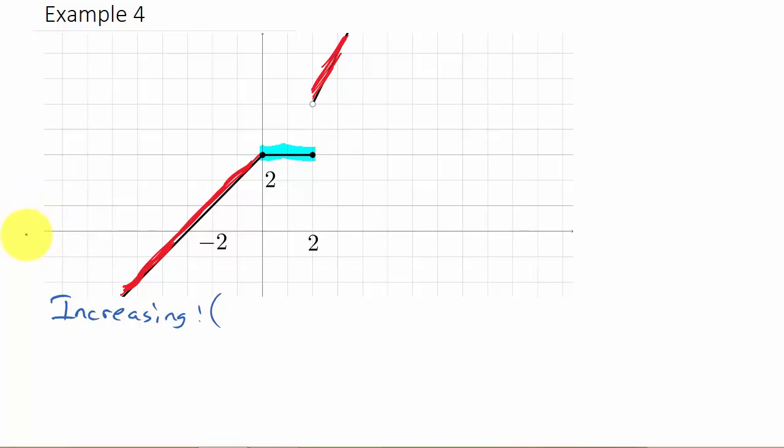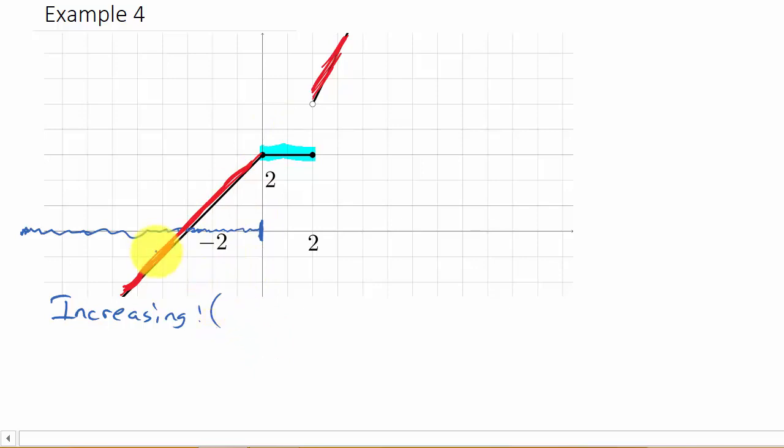So it's starting out here, and this graph's increasing, increasing. It's still increasing as I'm going along the x-axis, increasing, and then right here it stops increasing. It stops increasing at this x value here. Well, this is an x value of 0. I'm sorry. It stops increasing there.